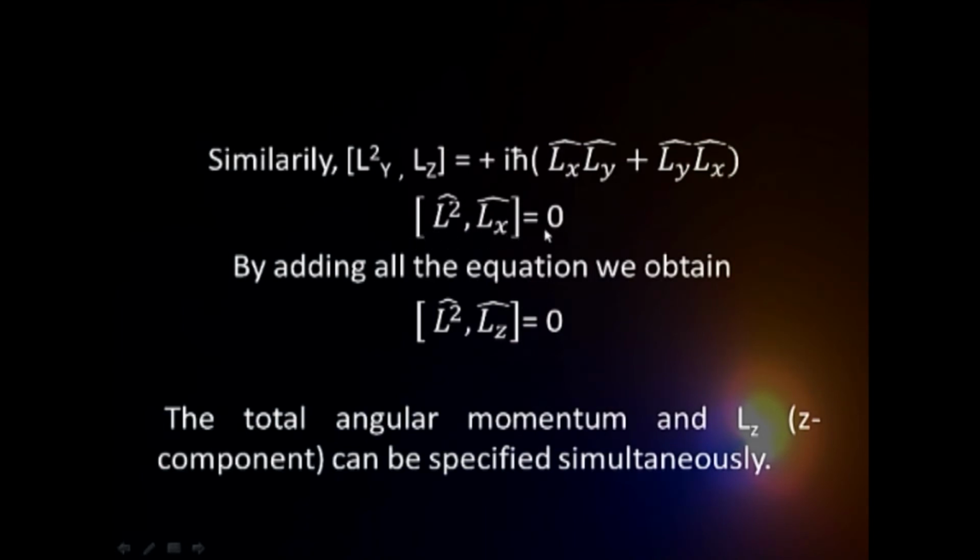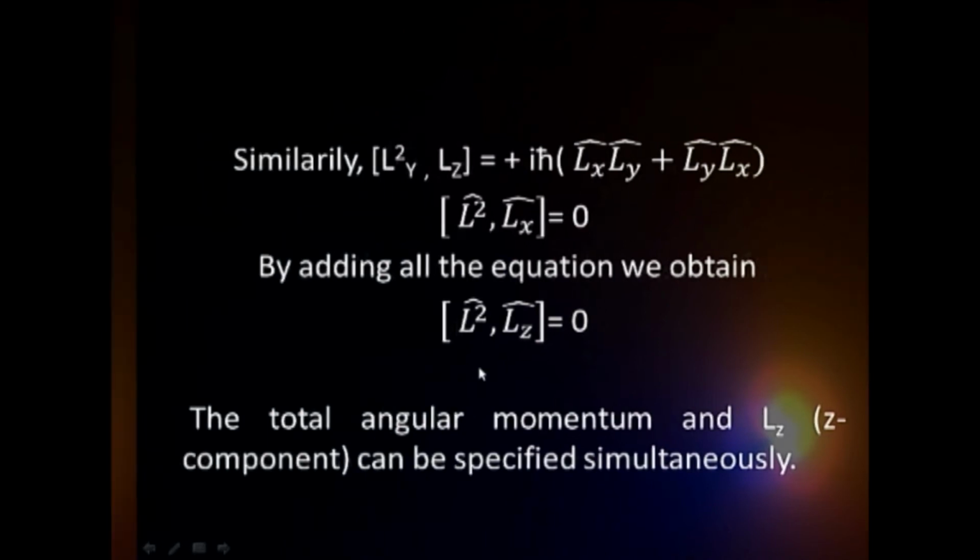So, this term was 0. So, when we add all the 3 terms together, I am going to get L square L_z equal to 0, which basically suggests that the total angular momentum and the angular momentum in the z direction can be measured simultaneously.